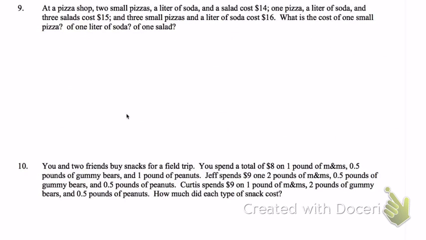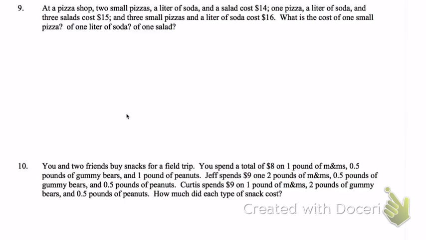Number 9 says at a pizza shop, 2 small pizzas, a liter of soda, and a salad cost $14. 1 pizza, a liter of soda, and 3 salads cost $15. And 3 small pizzas and a liter of soda cost $16. So what is the cost of 1 pizza, 1 liter of soda, and 1 salad? So how many variables am I dealing with now? 3.